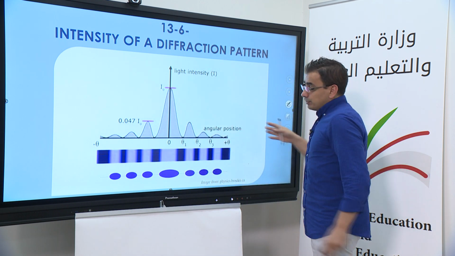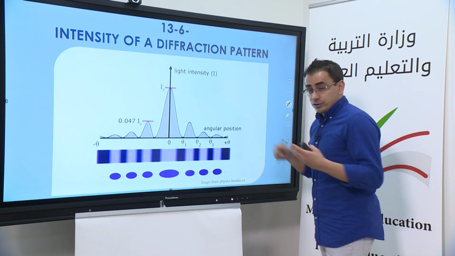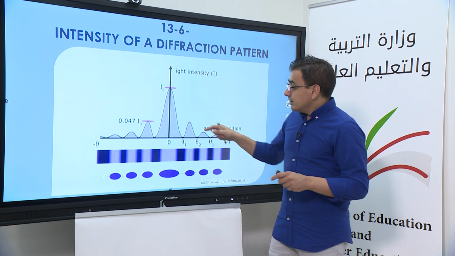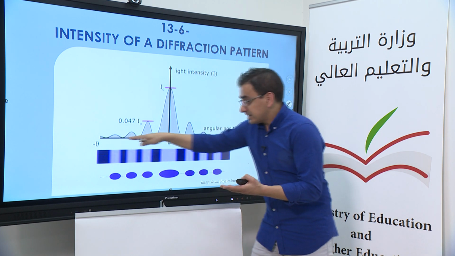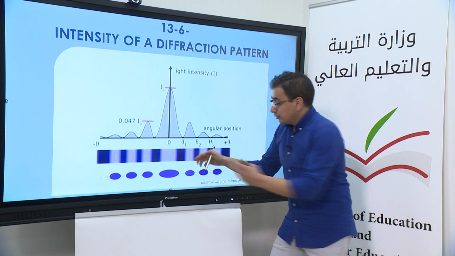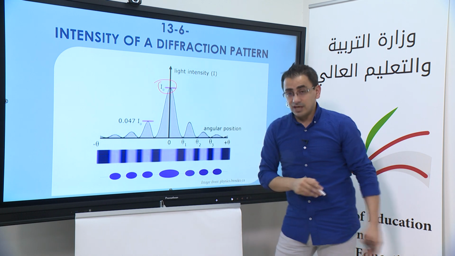If you look at this curve here, which is taken from a Dutch and Canadian website, we have a certain pattern. On the x-axis, we have the angle, the angular deviation, and we have the luminous intensity on the y-axis. Now, at the central bright fringe here, we have very high intensity, which is referred to as I0.